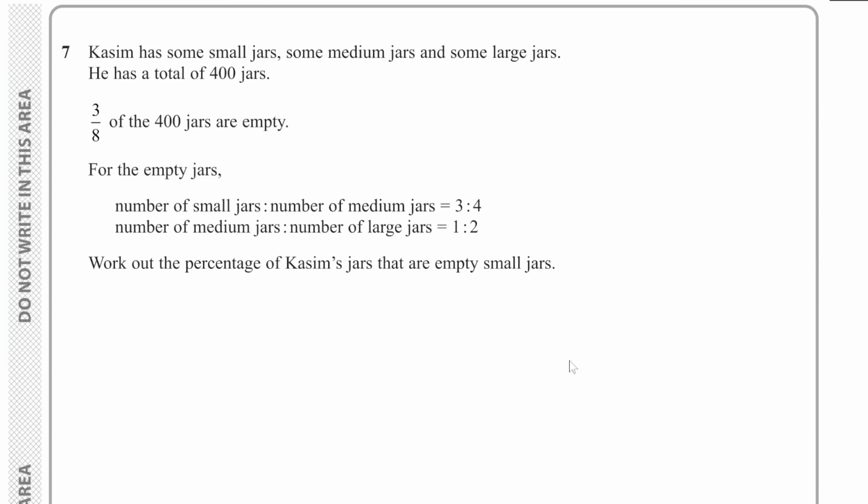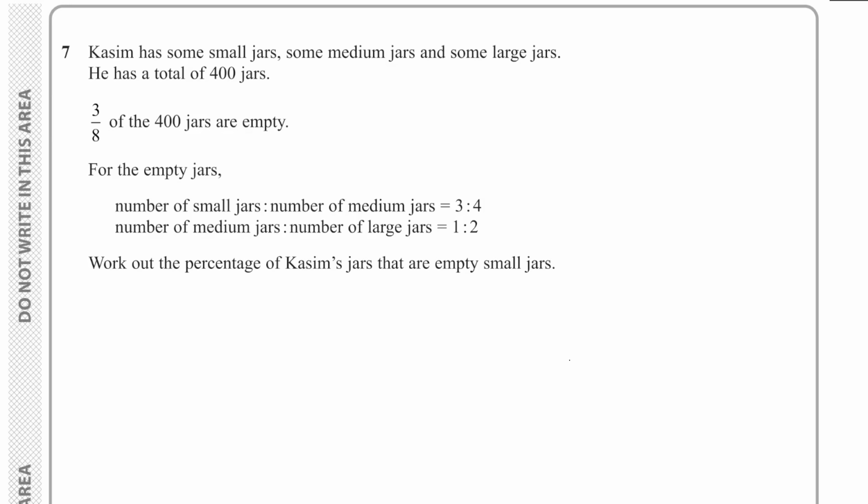Question 7. Kasim has some small jars, some medium jars, and some large jars. He has a total of 400 jars. 3/8 of them are empty. So we need to know how many empty jars there are. It's 3/8 of 400.